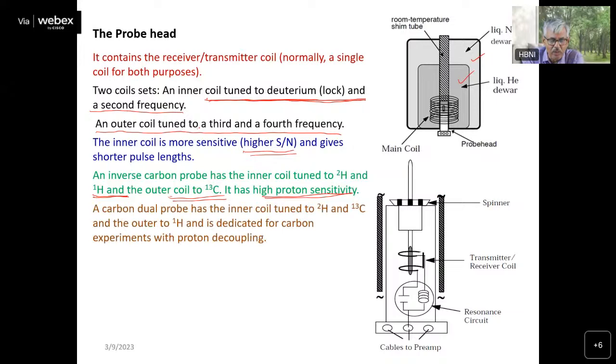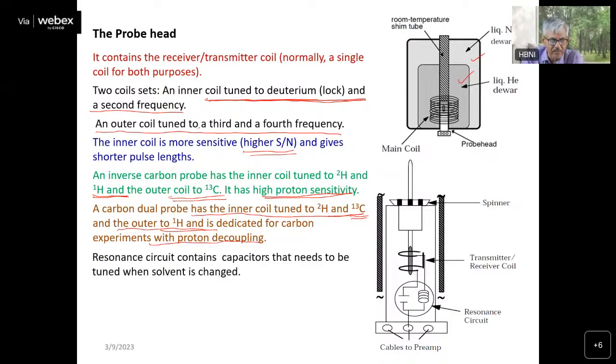And there is also the carbon dual probe, where the inner coil is tuned to deuterium and carbon-13. Deuterium will always be there in the inner coil, the second frequency is carbon-13, and the outer coil will be dedicated to the proton frequency, because that will be used for proton decoupling. We'll talk more about proton decoupling later. And then this resonance circuit, which contains the capacitor, has to be tuned.